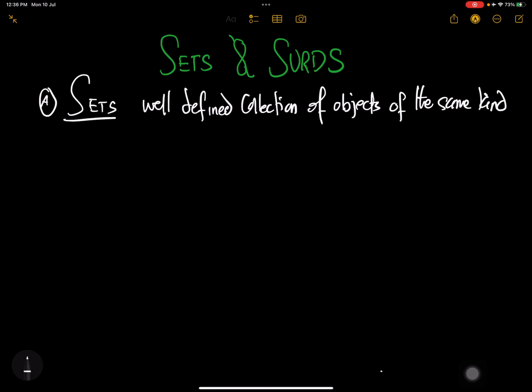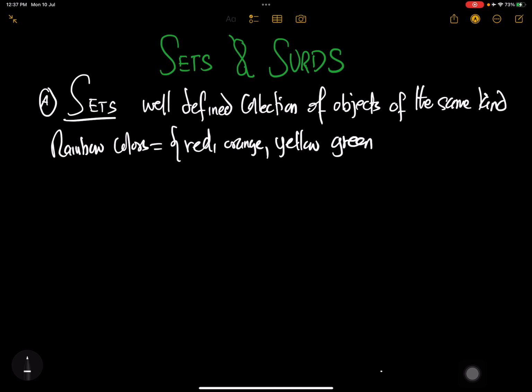You have a set of rainbow colors, and inside the set you're going to have red, orange, yellow, green, blue, indigo, and then violet.